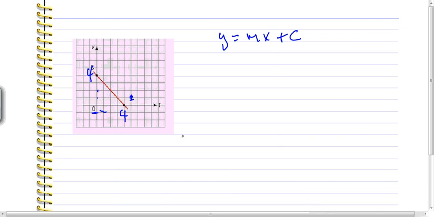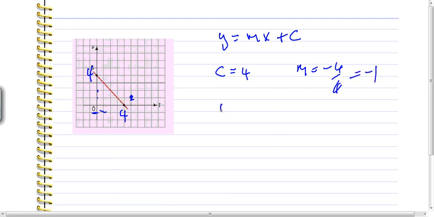So our standard form is y equals mx plus c, and c, where it cuts the y-axis, is 4. And the gradient, well, this time we're going down 4 and along 4. So it's minus 4 over 4. M equals minus 4 over 4 equals minus 1.